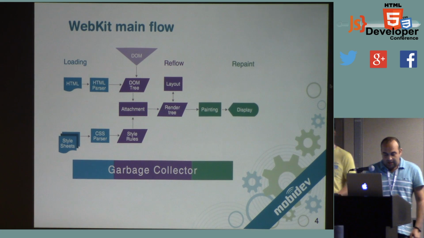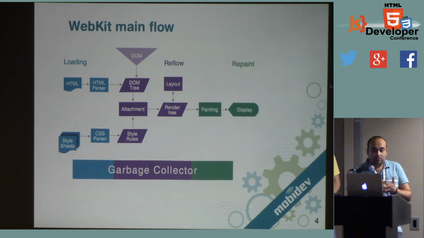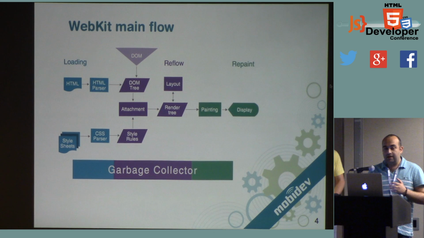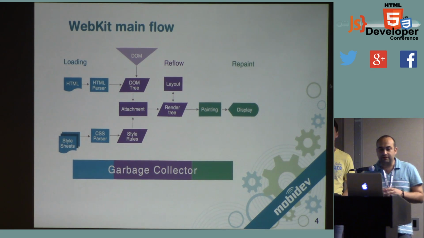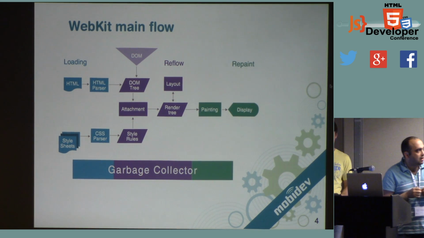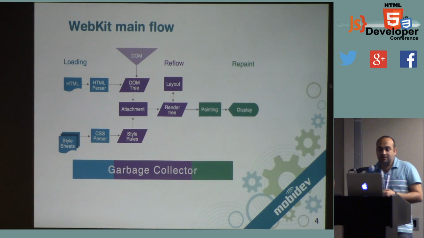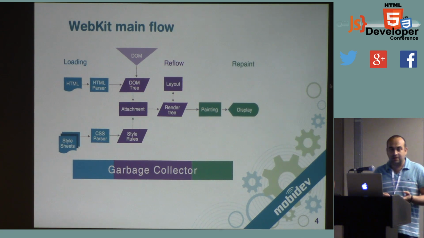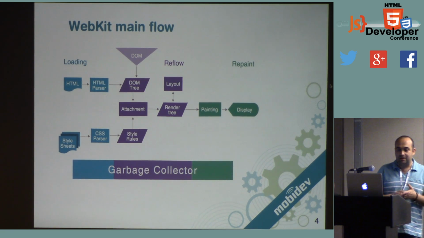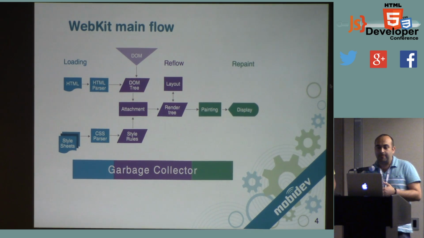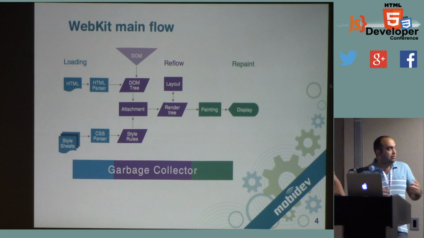As you see, the WebKit main flow contains three main stages: loading, reflow, and repaint. Each stage has several inner stages. For example, loading consists of HTML loading, style sheets loading, the HTML parser and the CSS parser, and repaint contains painting and displaying the content of your application.